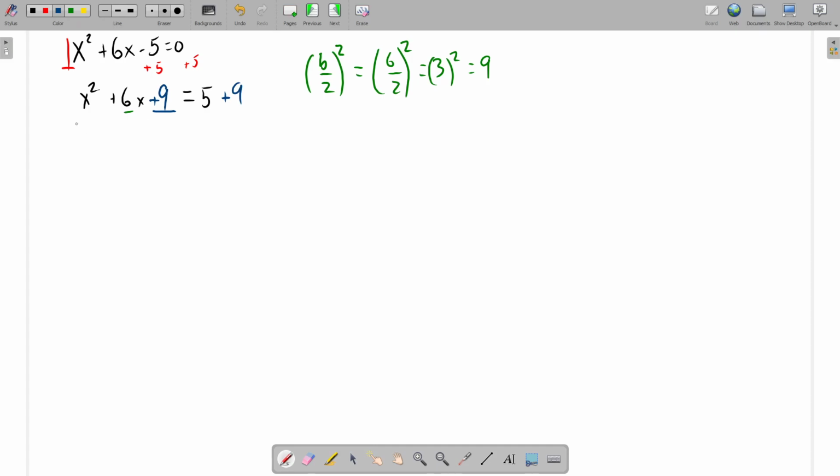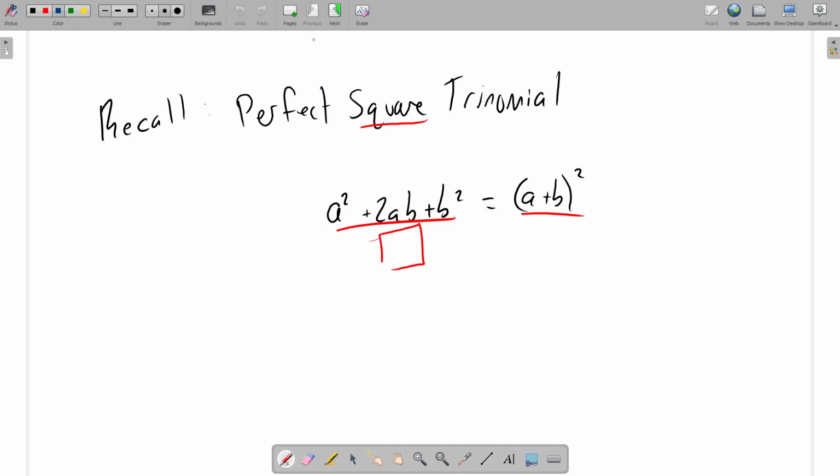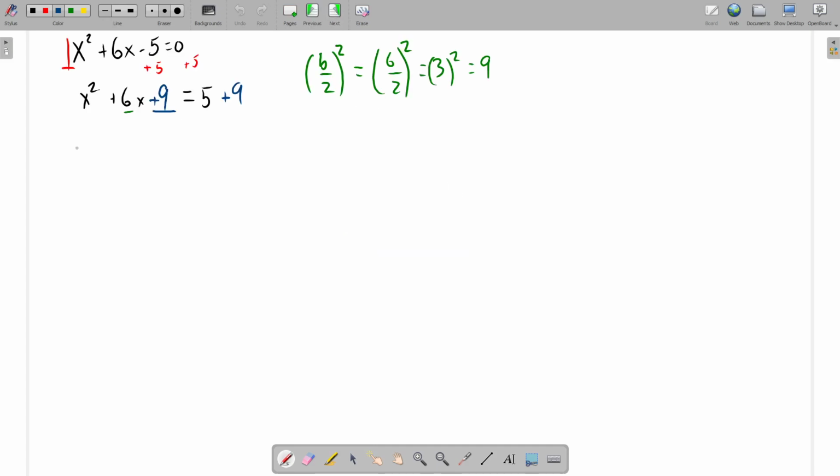So now that this is a perfect square trinomial, we know that we can factor a perfect square trinomial into (a plus b) squared. So this should factor into (a plus b) squared. And the right side is 9 plus 5, which is 14.